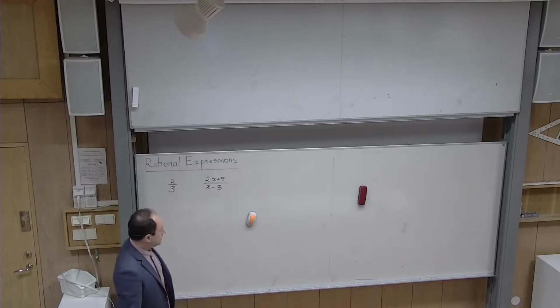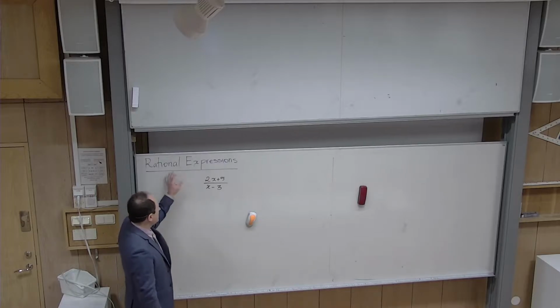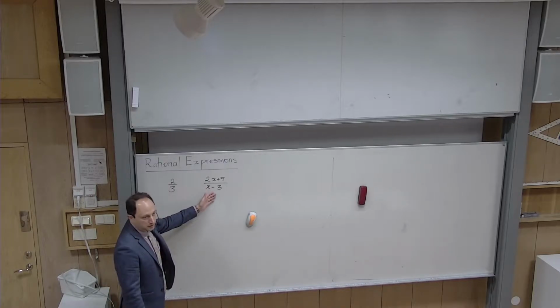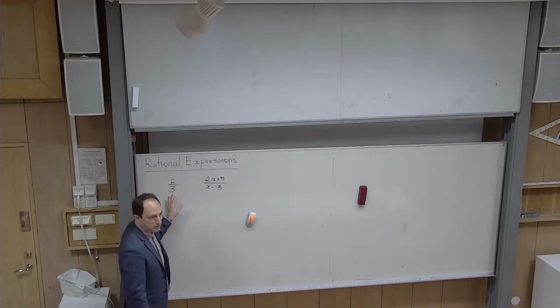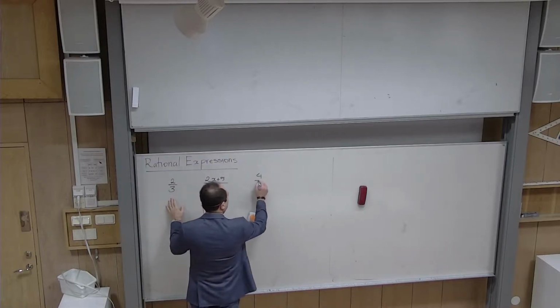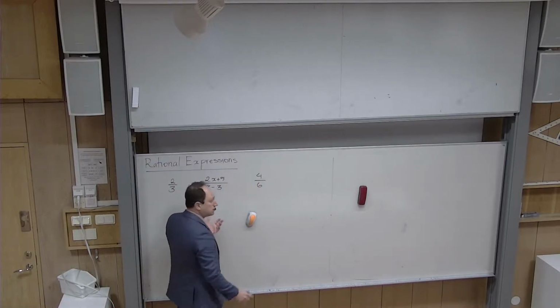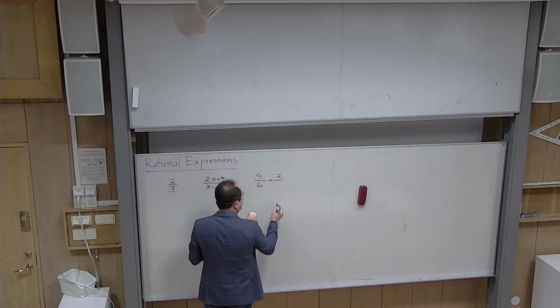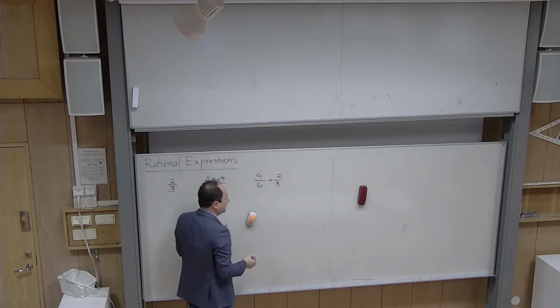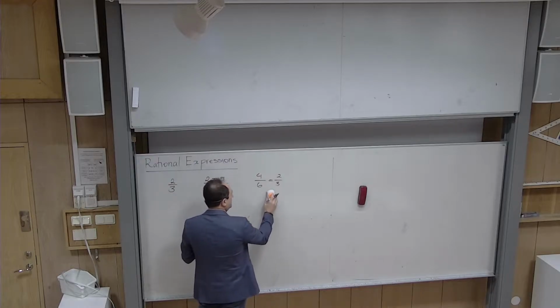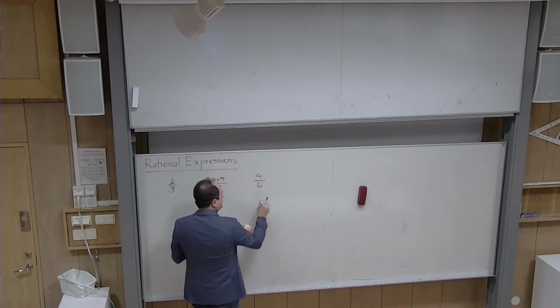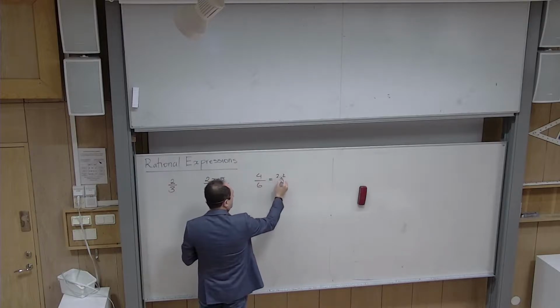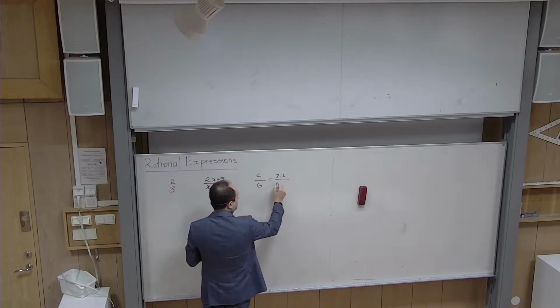So the first thing that you want to realize with rational expressions is how to simplify them, exactly as we simplified fractions. For example, if I wrote 4 over 6, instead of working with 4 over 6, you can divide the numerator and the denominator by 2 and you get 2/3. But to be very careful, if you want to do this, you factorize 4, you factorize 6.